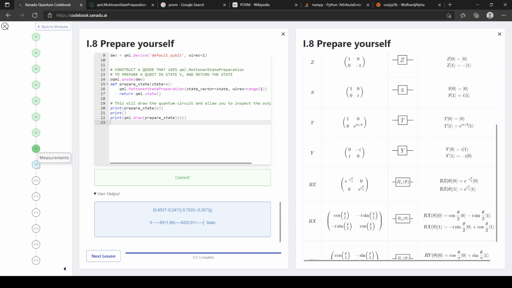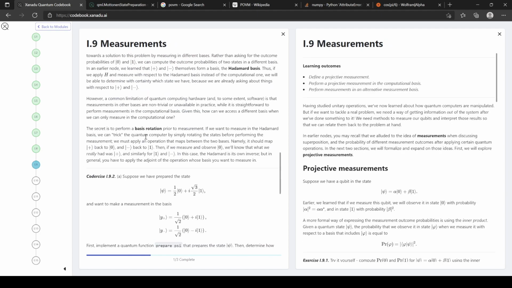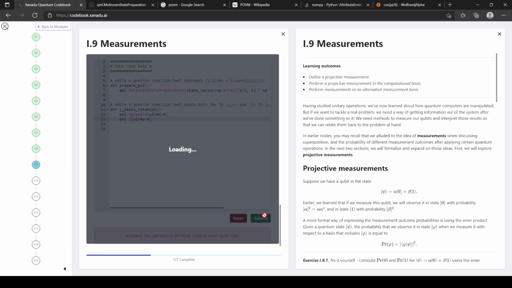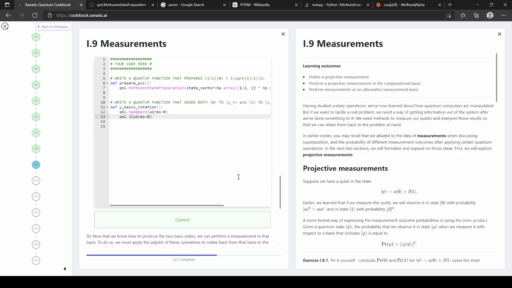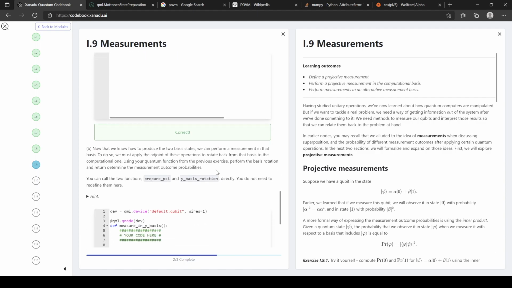We want something that just maps 1 to i. So we don't want the Y gate, we want the S gate. My bad. Which is actually the same as a rotation around Z in some sense.